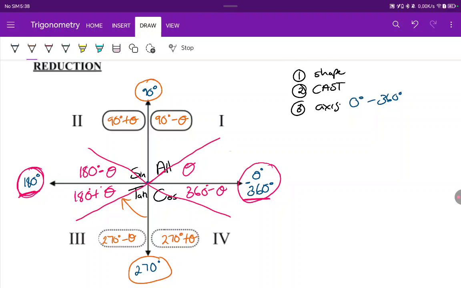Now, these are perfectly fine. First of all, what we've done right now: we've done the shape, we've done the CAST, and then we've done the axis, right?